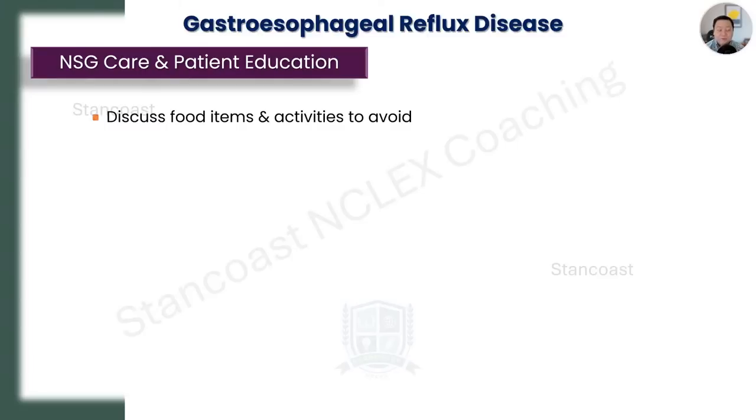Again, those food items that can relax the lower esophageal sphincter or irritate the esophagus, such as peppermint, chocolate, coffee, caffeinated drinks, maybe greasy or fatty foods, sodas, alcohol, nitrates, citrus fruits, maybe tomatoes or tomato-based foods, and smoking. And we need to educate our patient about the potential adverse side effects and possibly medication interactions when they are going to be prescribed the PPIs, the proton pump inhibitors.